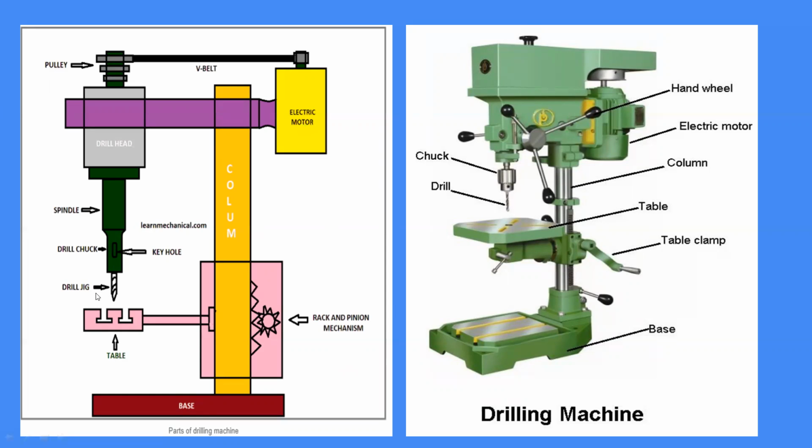As we have shown here, this is the table. If you can clearly identify the various parts that are associated, it will be quite easy for you to understand the function of those parts. I hope everyone has seen these diagrams by now, the comparison of the 2D and the 3D.